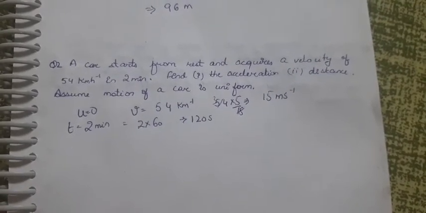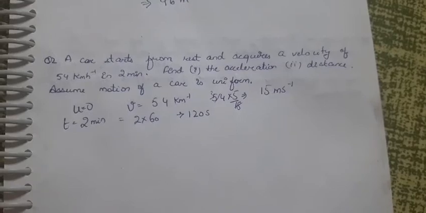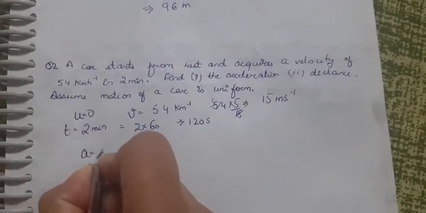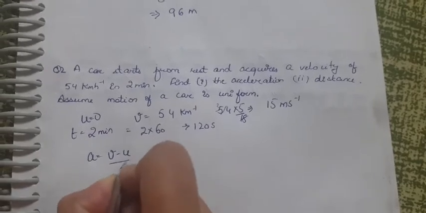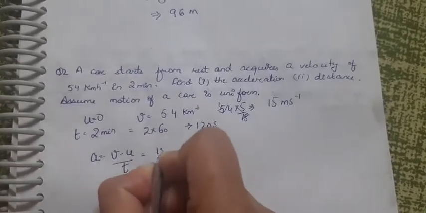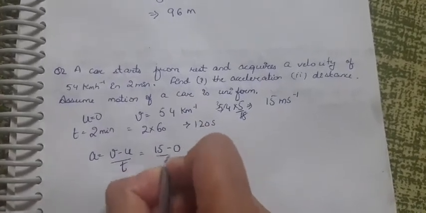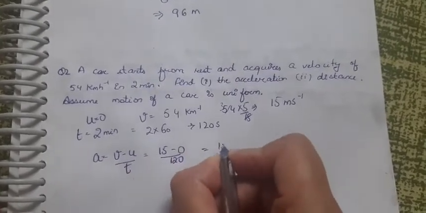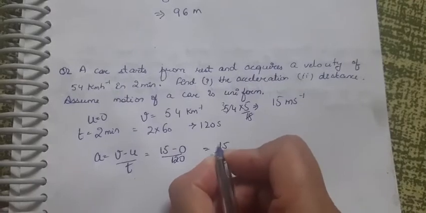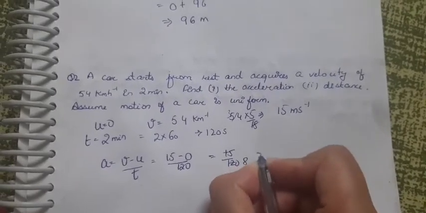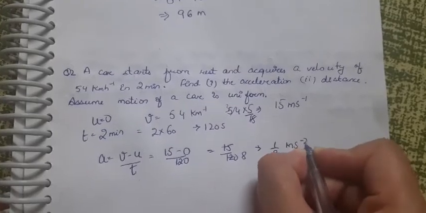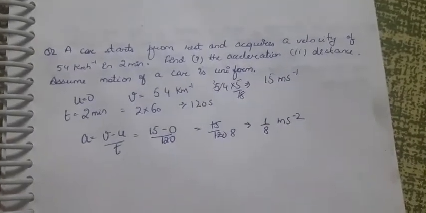So we need to find the acceleration, and acceleration is v minus u upon t. v is 15, u is 0, time is 120. 15 8s are 120. It means your acceleration is 1 by 8 meter per second square.